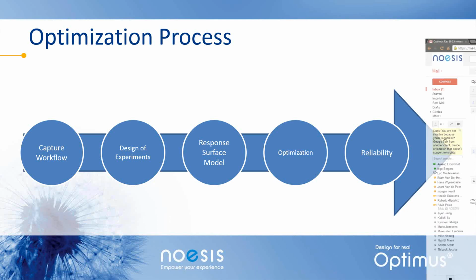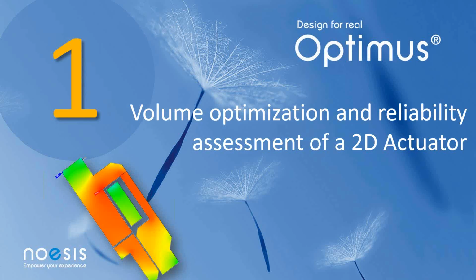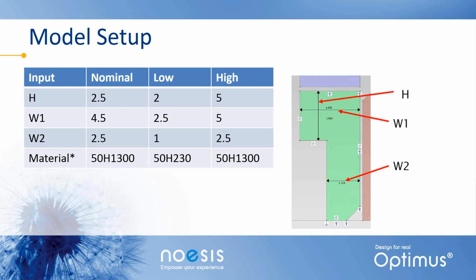So the first thing that we'll talk about here is this volume optimization and reliability assessment of this 2D actuator that David's introduced us to. He pointed out the height and the two widths of this plunger and briefly mentioned the material.